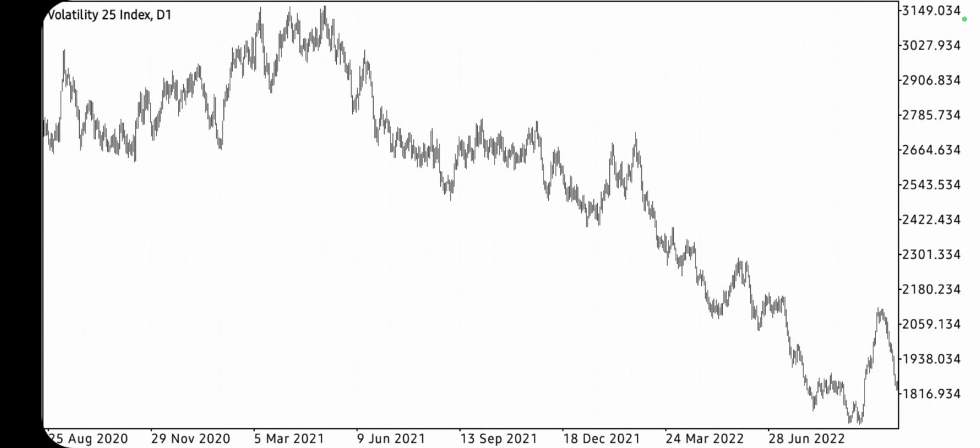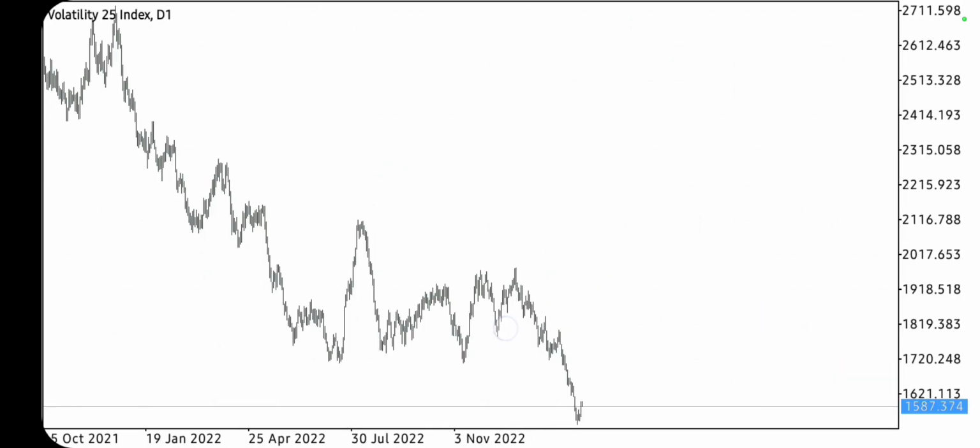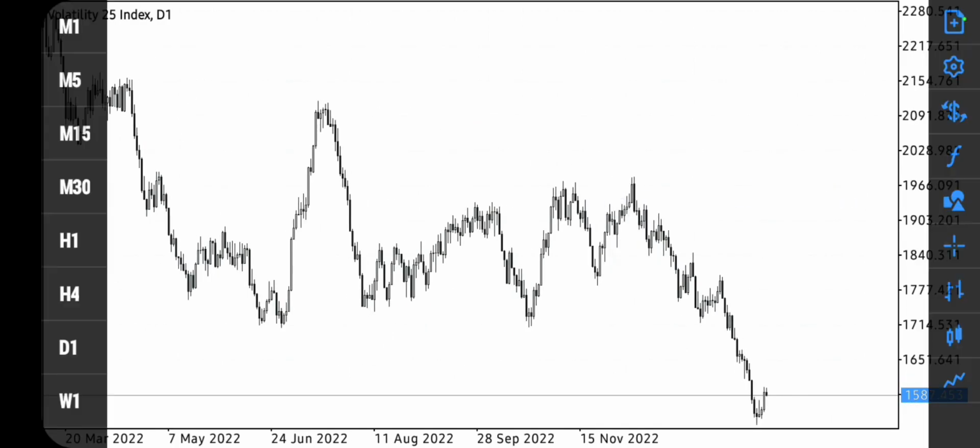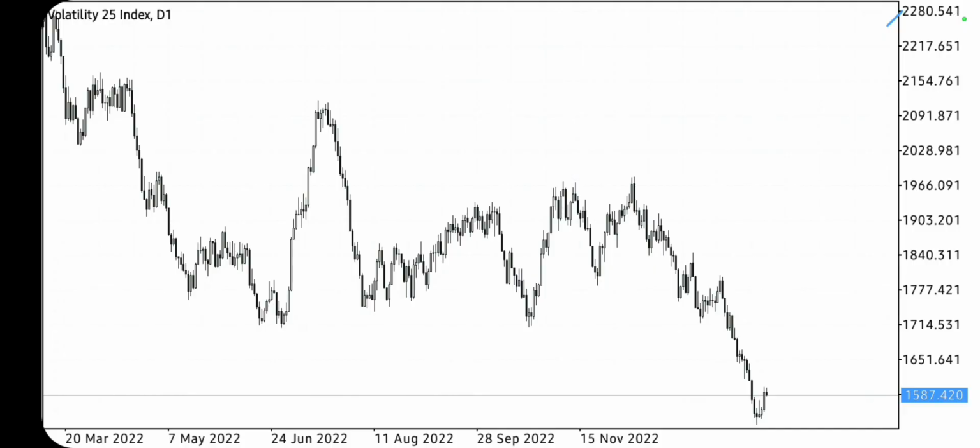We are in a total downtrend on this Volatility 25 index. We've been violating lows to the downside. So here I'm going to mark out the last break of structure to the downside, and I'll be explaining with the structure. So here is our last break of structure.